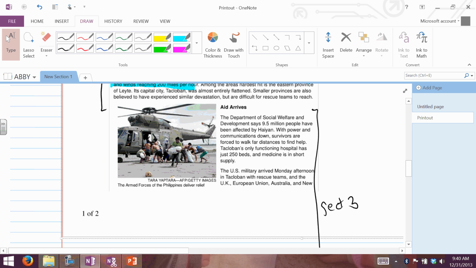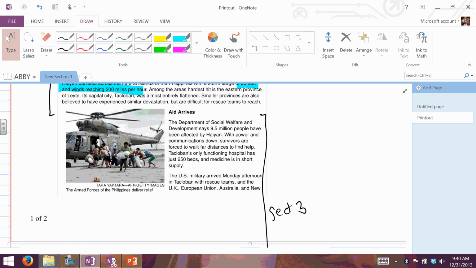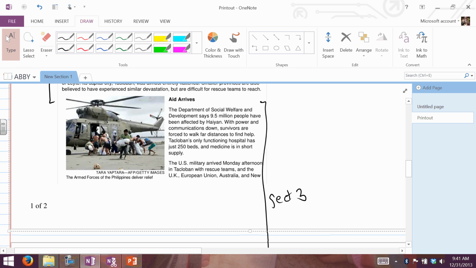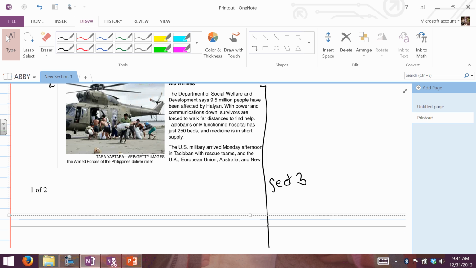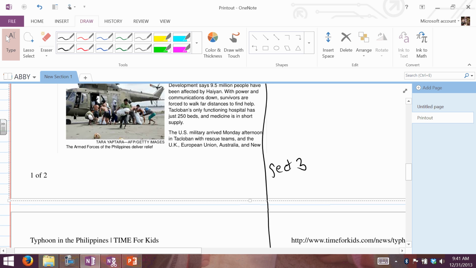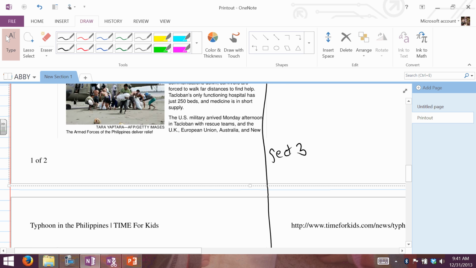Okay, section 3. We're in our last section. We're almost there, folks. Aid arrives. The Department of Social Welfare and Development says 9.5 million people have been affected by Haiyan. With power and communications down, survivors are forced to walk far distances to find help. Tacloban's only functioning hospital has just 250 beds, and medicine is in short supply.